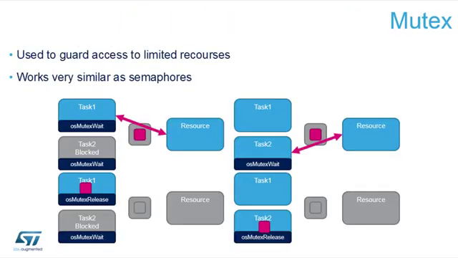And now let's look at the mutexes. We have a mutex present at the beginning, and we use it to guard a shared resource. So if task 1 uses OS mutex wait, the mutex can be transferred to task 1, and task 1 will use the resource. If task 1 is finished, it can give back the mutex, and the resource will be released.